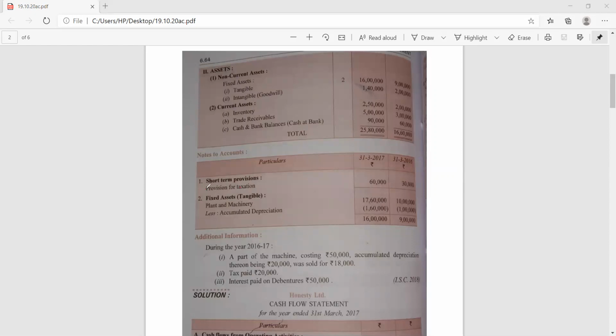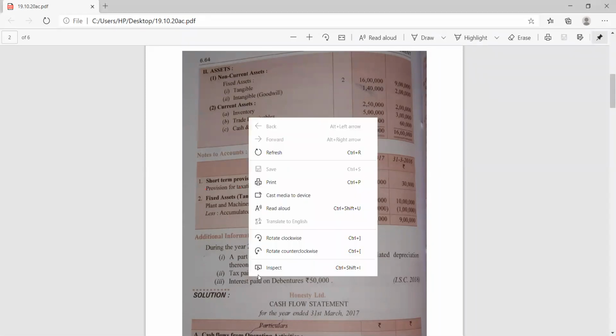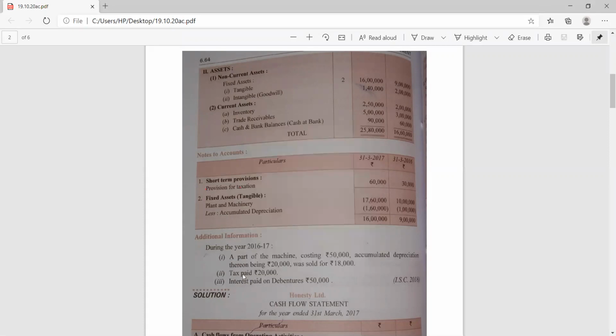It is provision for tax, given over here as provision for taxation. And in the second adjustment, it is given over here, the tax paid. Tax paid and provision for tax. For this purpose, what to do?